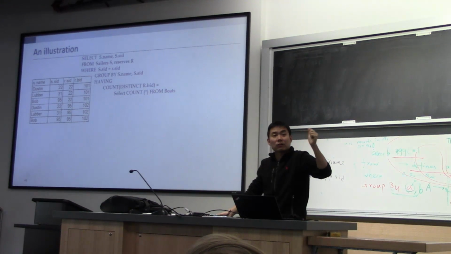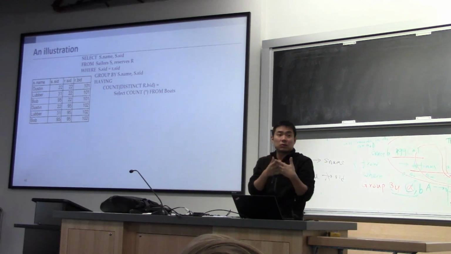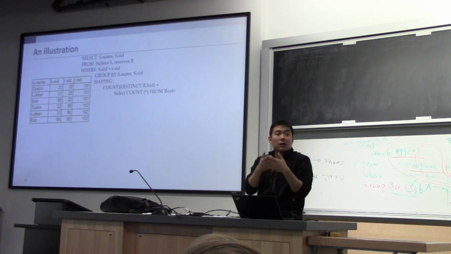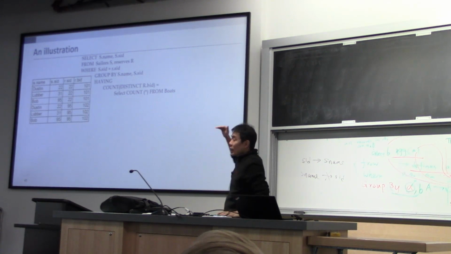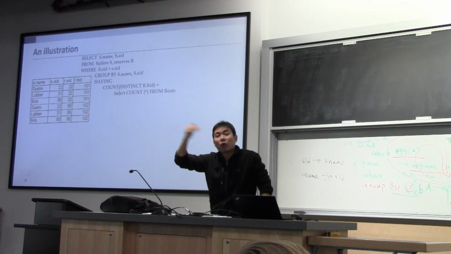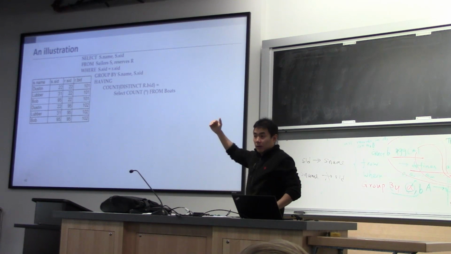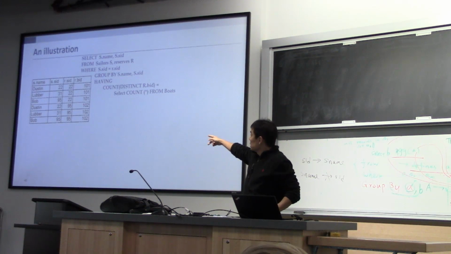Those are unnecessary attributes, so I remove them from my cross product. Do you follow that? Then I check the where condition, because the where condition is to check at the record level before you do the group by. So check the where condition against this cross product.